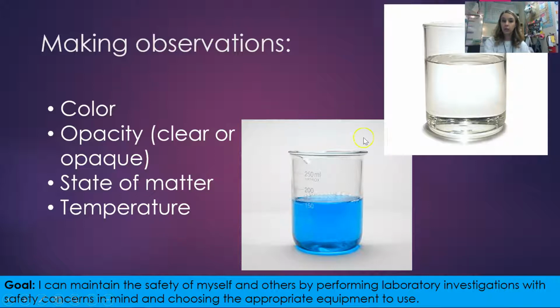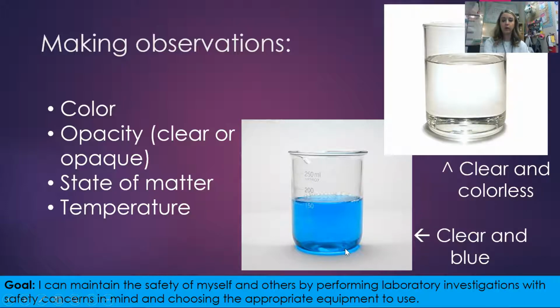If you look at this one, this is technically also clear. You also would be able to see through it, but it's clear and blue. So there's a difference between clear and the color. Anything that is clear like this would be clear and colorless. This is clear and blue. Now, if you cannot see through it, that would be called opaque.